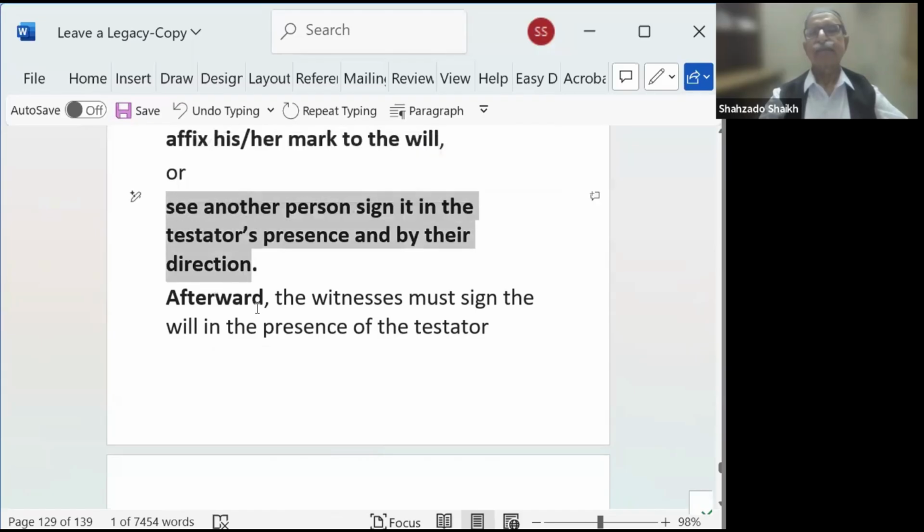Situations can be there. The Quran has also explained that position. If the testator cannot write because of any reason, he can dictate.